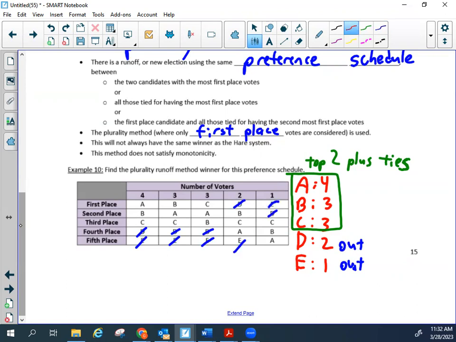And now I'm going to count up just A, B, and C. Normally we would just do the top 2, but because there's a tie for second, that's why we're having 3. But again, normally it's just the top 2. So candidate A here has 4 votes.